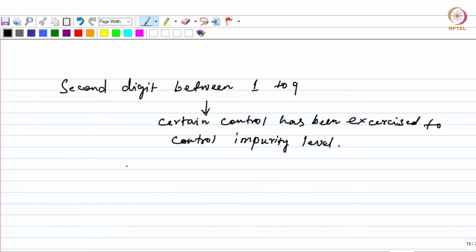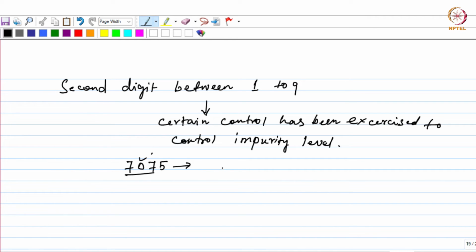For example, the basic 7000 series alloy can be assigned to this 7075. So this 0 basically indicates the first generation alloys, as I said before, with commercially pure aluminium in it.